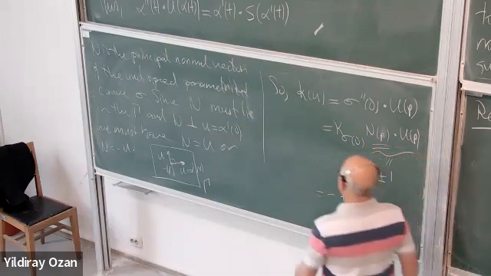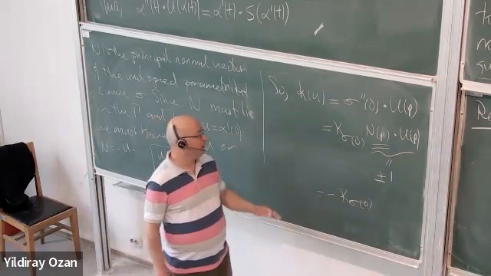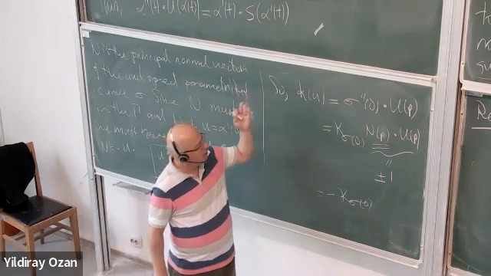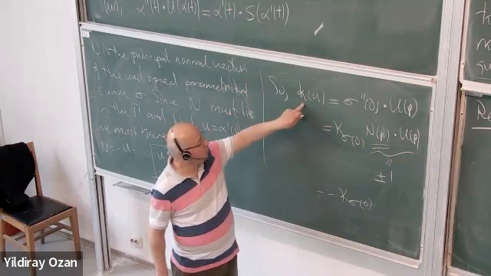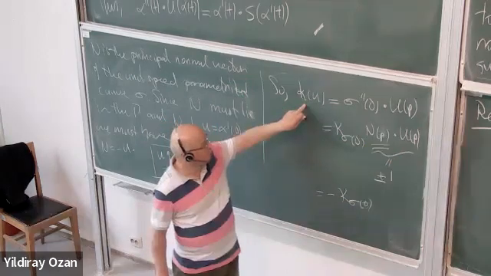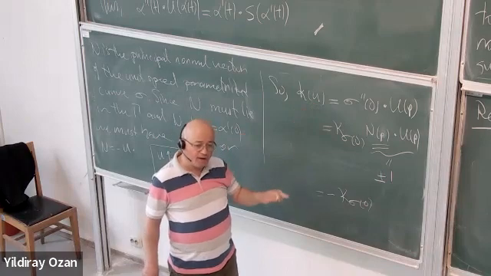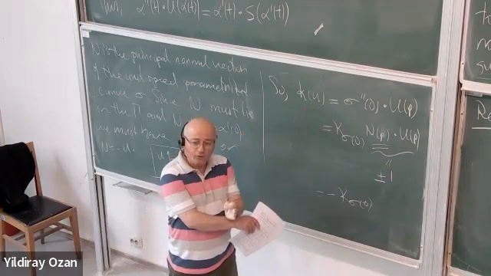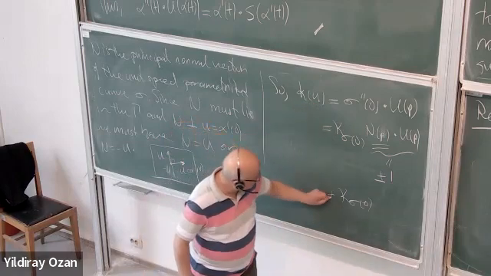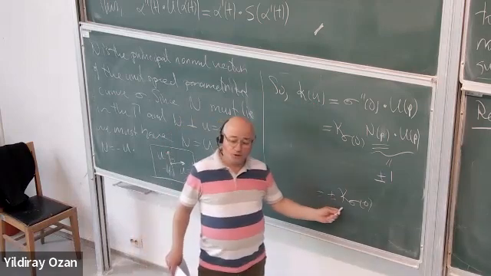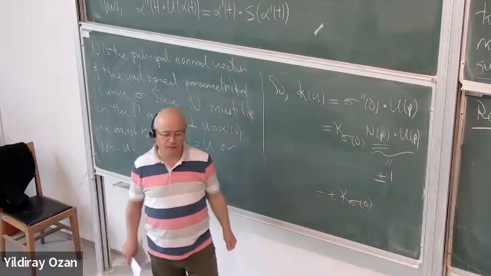So the conclusion is that if your curve is obtained by cutting the surface with a plane, then the normal curvature of the surface in the direction u, the tangent direction to the intersection curve of the surface with the plane, is equal to plus or minus the curvature of the curve you obtained by intersecting the surface with the plane.